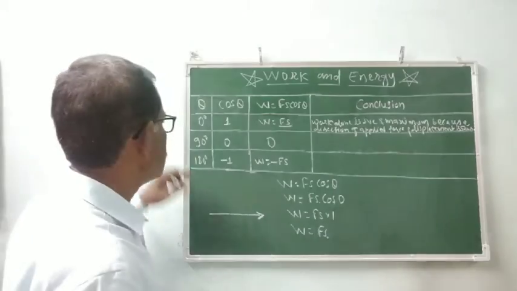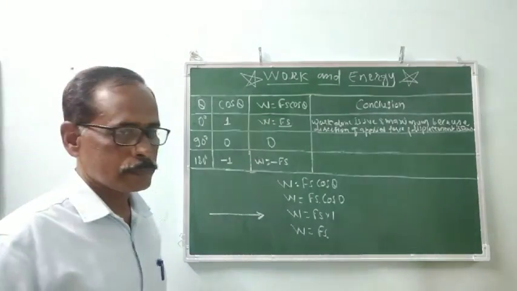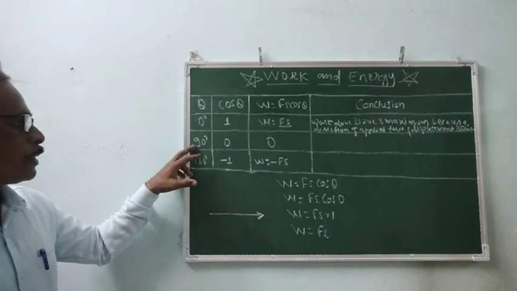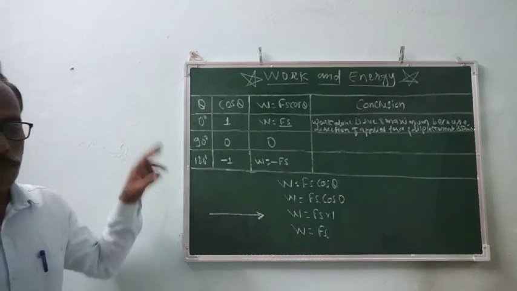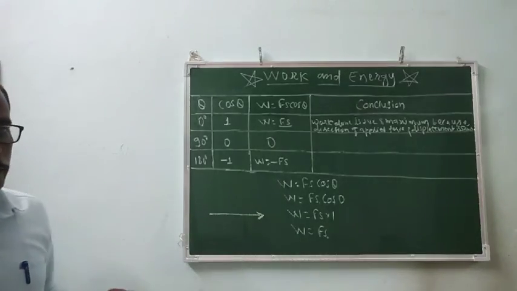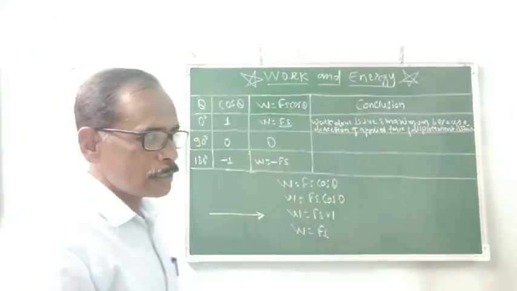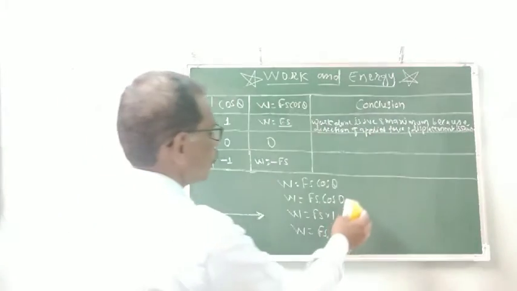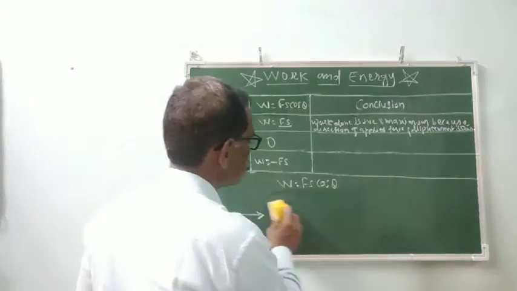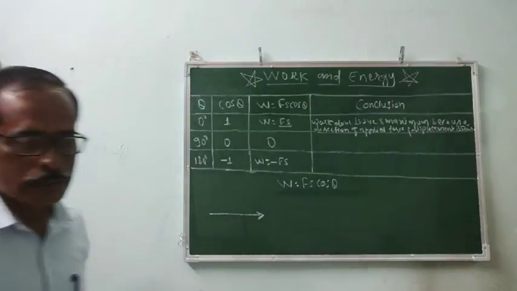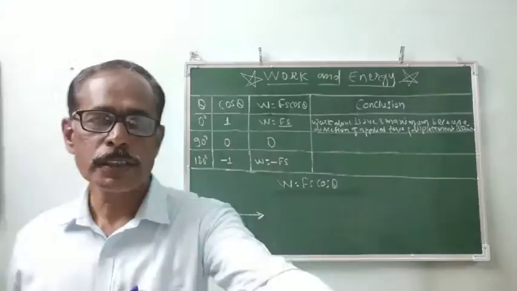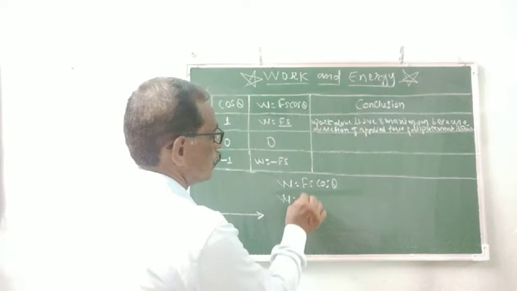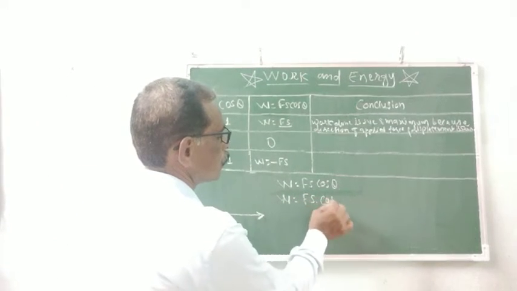Now see the second condition, the value of theta is given as 90 degree. What happens when we take theta as 90 degree? We have the formula for work done, W equal to Fs cos theta.